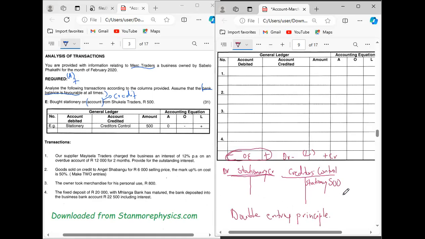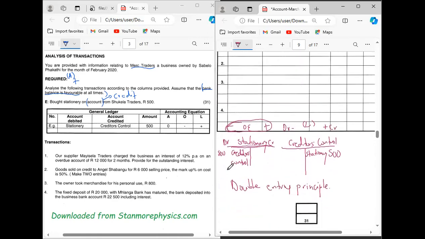One account, if it's credited, then another account must be debited. So one account is credited, which is creditors control, meaning our stationery must be debited, 500. And we bought this stationery on credit, so it's creditors control. We did not buy for cash.